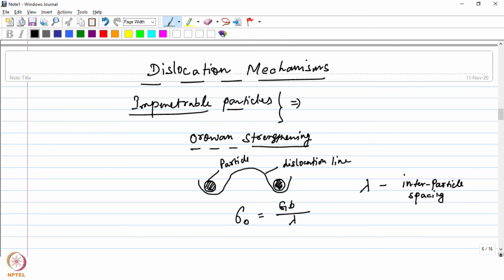So from here you can see as the distance between the particles decreases, the strength will increase. And this is what happens when you change the particle size.